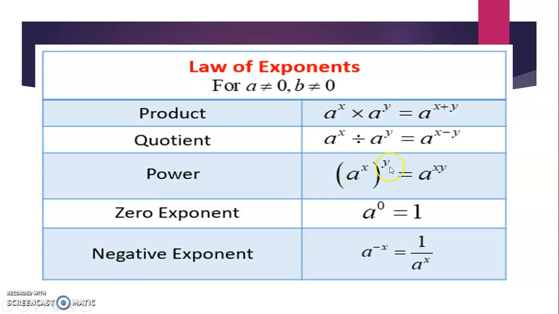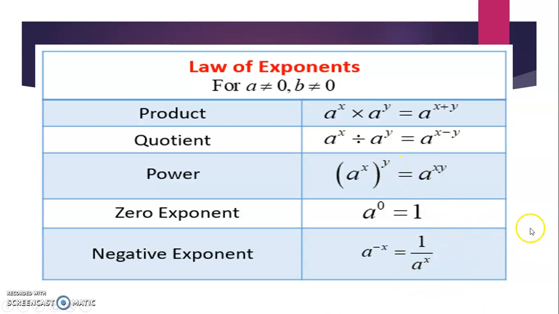In that case you have to multiply the powers. Then there is the 0 exponent. Anything to the power of 0 will give you 1. And then there is the negative exponent, where if the power is negative, you can take the reciprocal of that number and it will become positive. The power will become positive after taking the reciprocal of the given number.